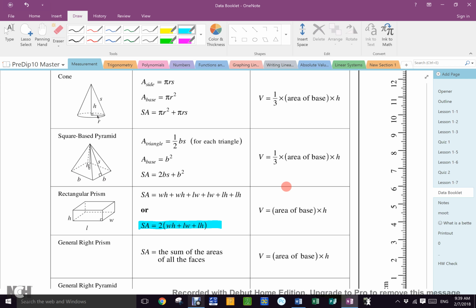The reason I spend time showing you how we build those formulas is because in real life, if you need to find surface areas of things, very rarely do they follow the formula. Why would that be?